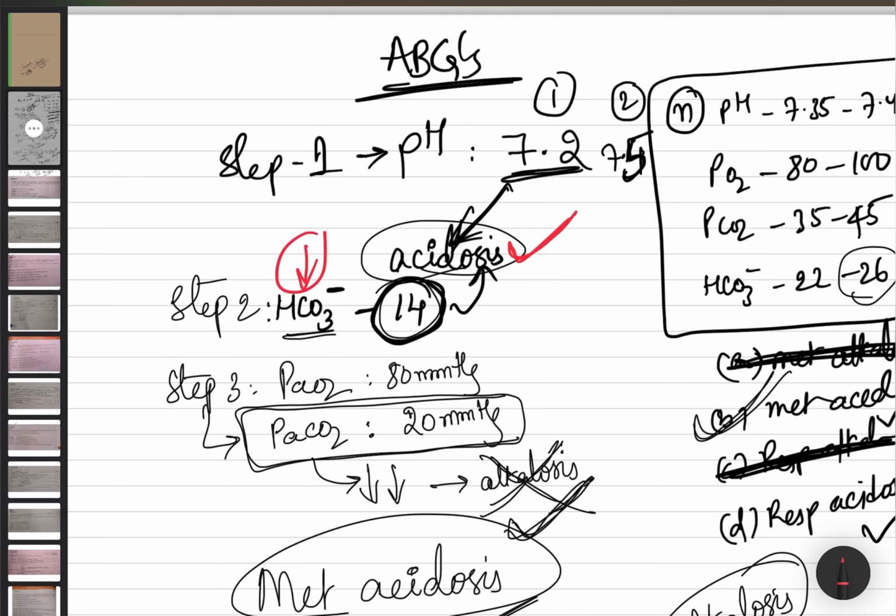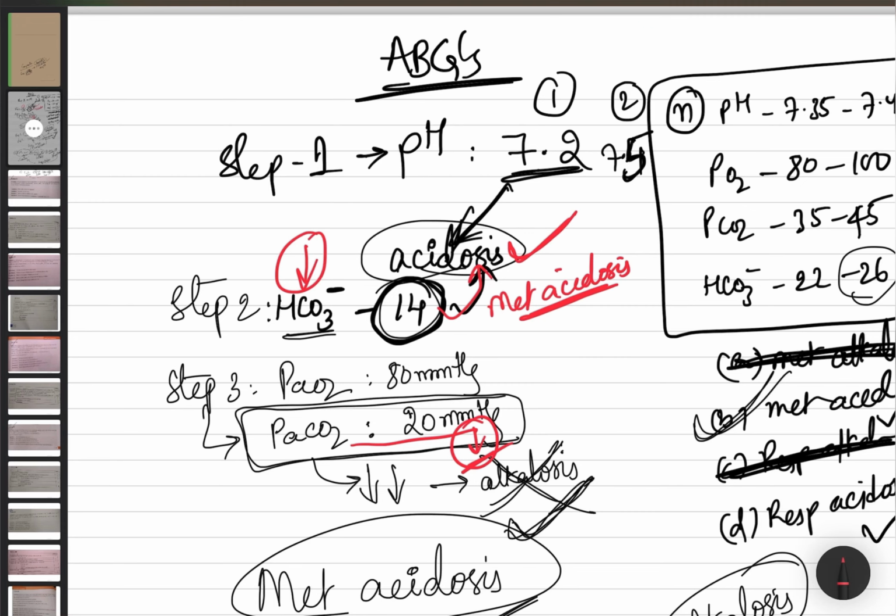In step 1, we have seen that it is acidosis, bicarb is low, so this metabolic component is there for this acidosis. And PCO2, see already metabolic acidosis is here, no? So respiratory alkalosis should be here. That's why PaCO2 is low. Body is trying to compensate by this.